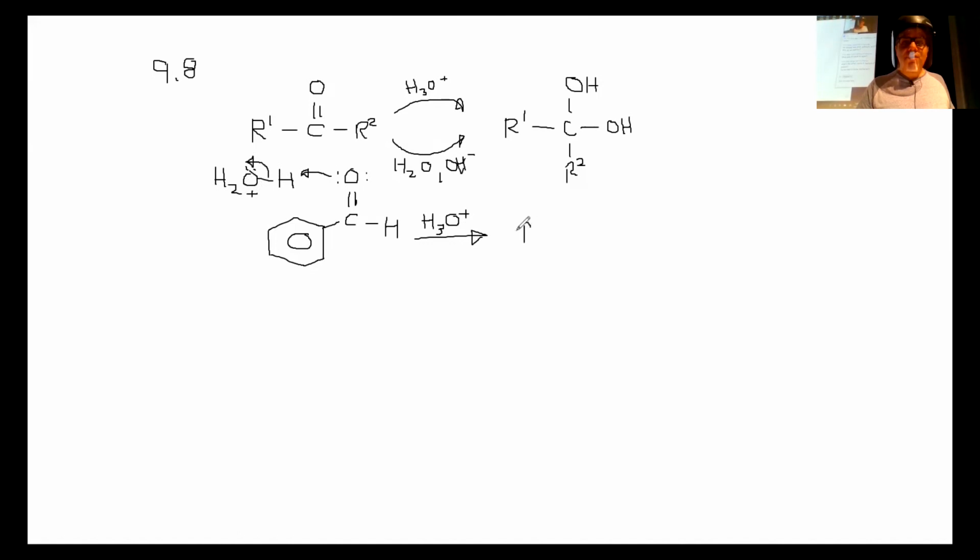I'm also going to get lazy and just do Ph for phenyl. Just a reminder, it's C6H5. Good. And so our intermediate will look like this.